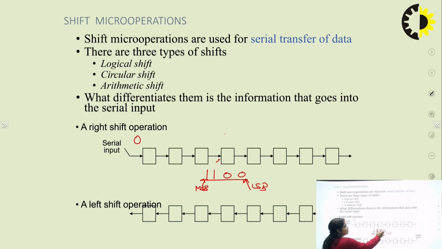So for 1100, whenever the serial input is going on, the 0 is inserted at the MSB side, and this particular LSB 0 will be lost.